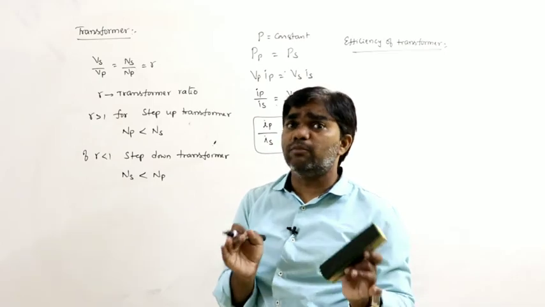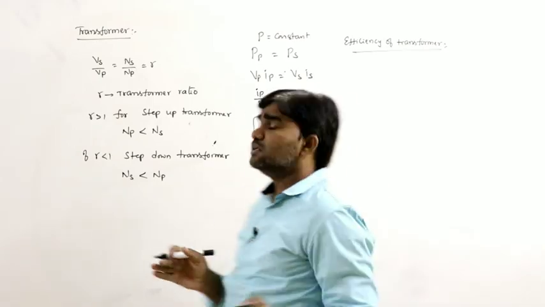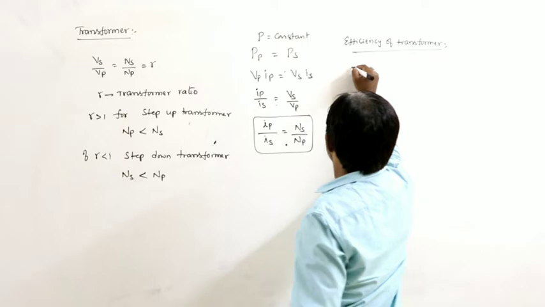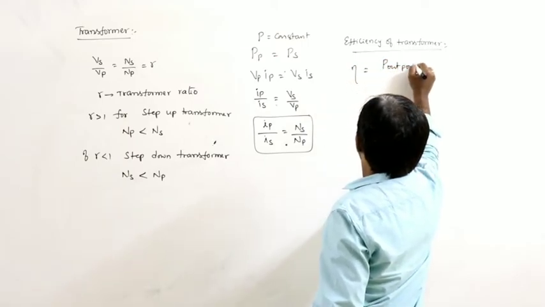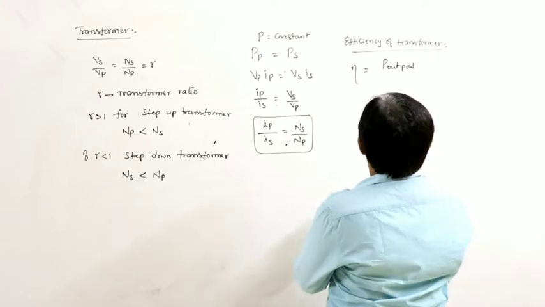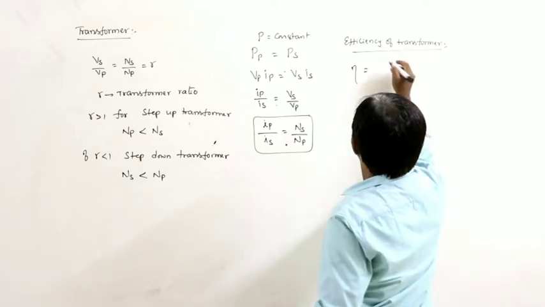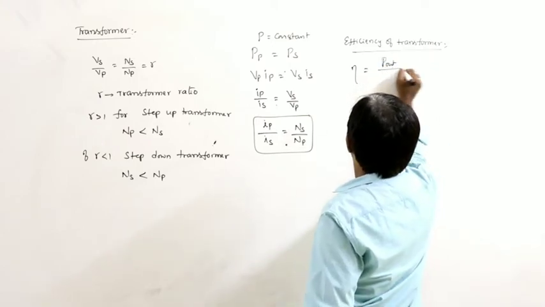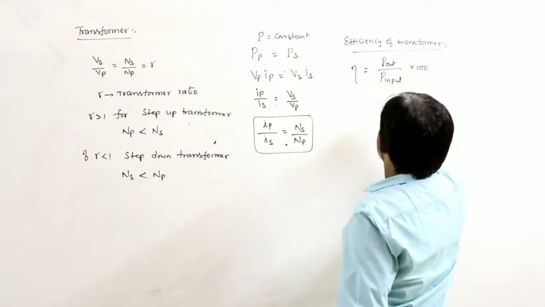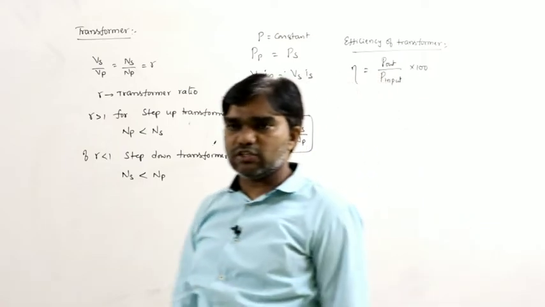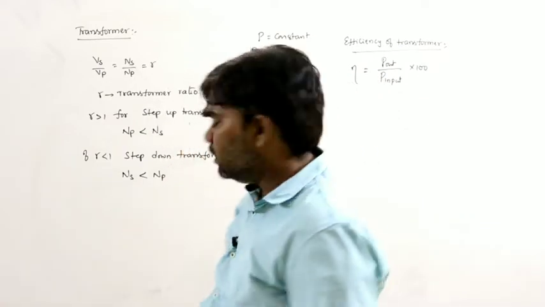So that's why, what is the efficiency of the transformer? Efficiency can be written as P output divided by P input into 100. So this is the efficiency of the transformer, output power divided by input power.